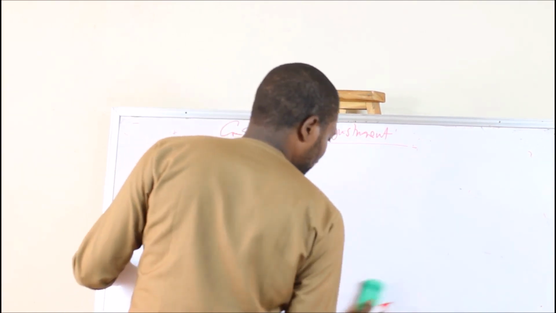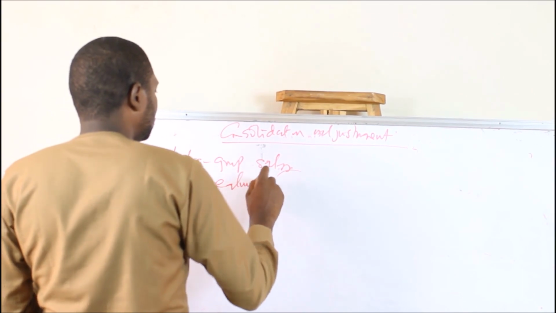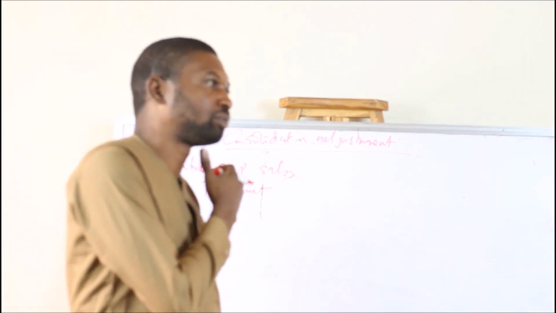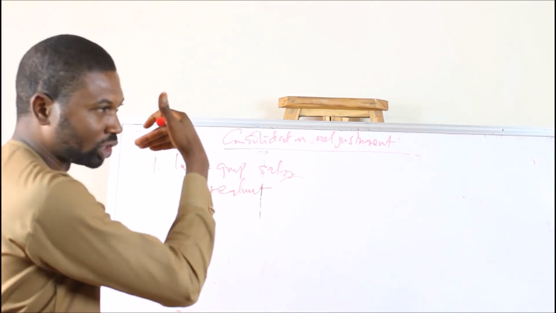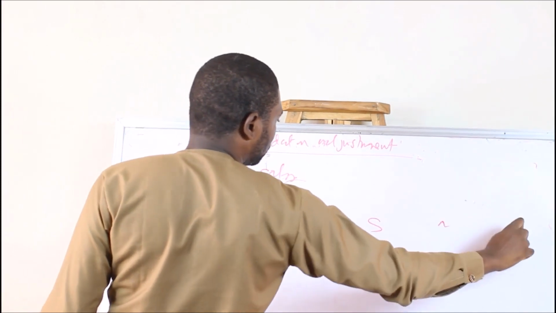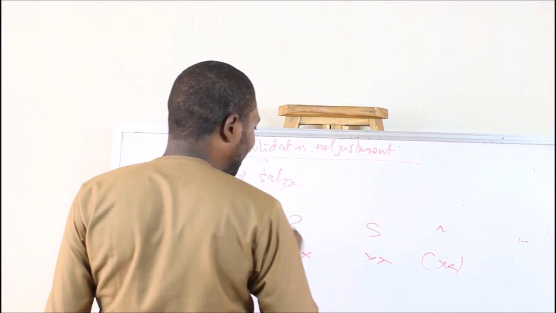So anytime you have intra-group sales, how do you treat them? If you go to step 2, the workings under the consolidation schedule, I told you there is parent, subsidiary, adjustment, group, and I put a particular figure in brackets.